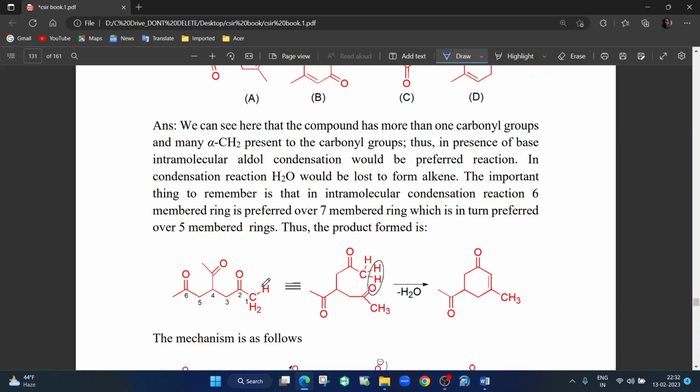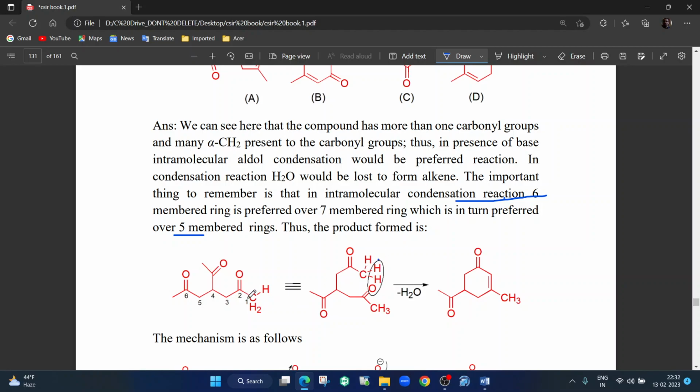And apart from that, we have to know that once it is formed, it undergoes aldol condensation. Now aldol condensation is preferred over a 6 membered ring, then 7 membered ring, then 5 membered ring. So we have to count and see which aldol condensation, basically water is lost. So you see here H2O will be lost.